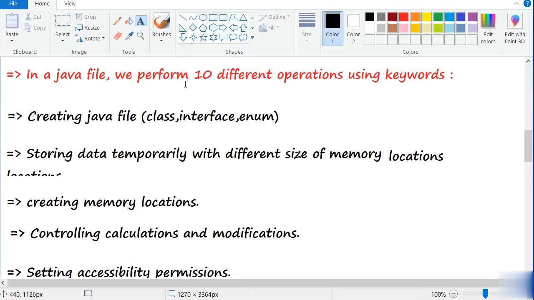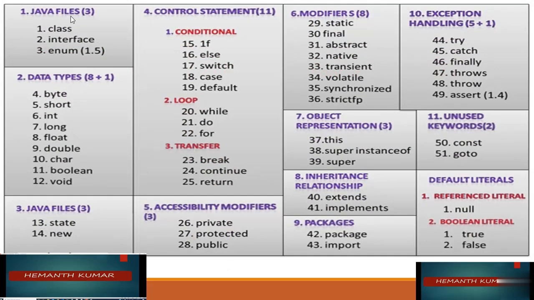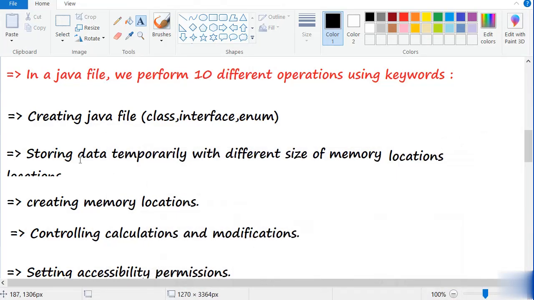In a Java file, we perform 10 different operations. Our first operation is creating a Java file, like creating a class or interface or enum. For creating Java files, we have 3 keywords: class, interface and enum. Next, we have storing data temporarily with different sizes of memory locations.